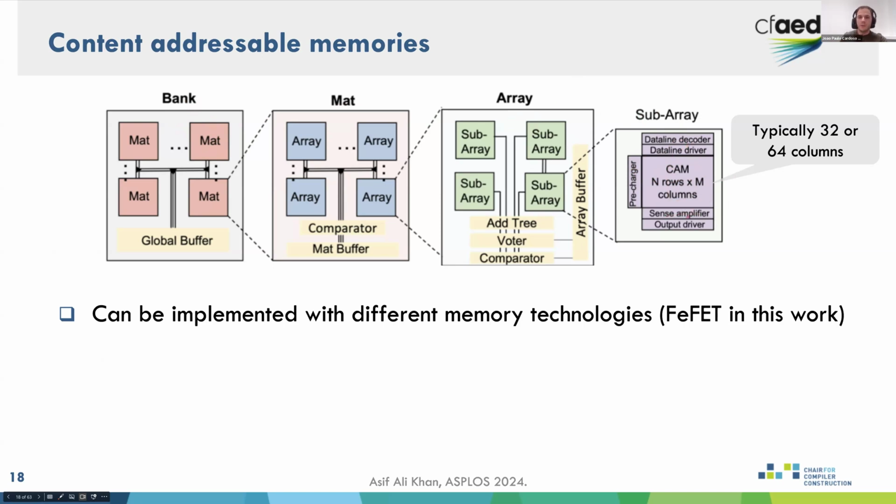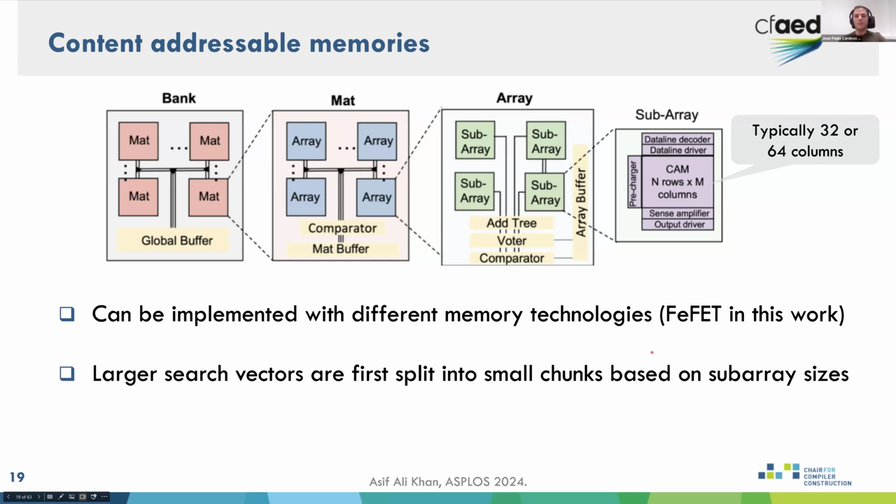Typically, those memory arrays are 32 by 32 or 64 by 64, for several reasons, they should be small. These CAMs can also be implemented in different memory technologies, from SRAM to emerging memory technologies like RRAM, MRAM, and in this work we are particularly considering FeFET technology.